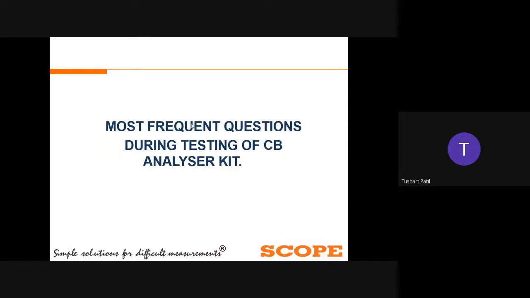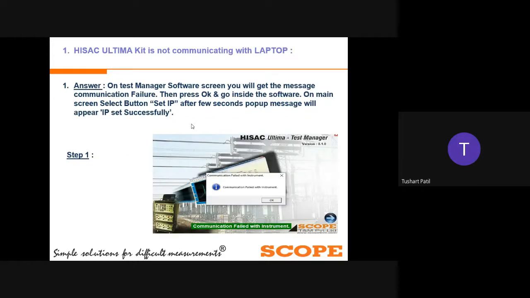Okay. Apart from this, there are some frequently asked questions during our conversations with customers about testing of the instrument. The first question from the customer side: the laptop is not communicating with the HISAC Ultima kit.